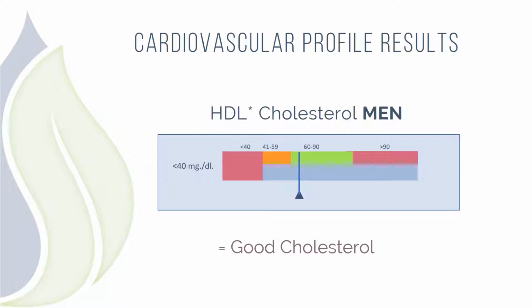HDL molecule takes cholesterol back from the blood vessels in the body to the liver for reprocessing. So it's a way to keep cholesterol from building up. Values over 90 sometimes could potentially be a problem because we're finding out that sometimes people don't clear HDL from their system. So once it's filled up with types of cholesterol that are supposed to go back to the liver and get reprocessed, instead of actually having receptors and going into the liver, it's circulating around and around.